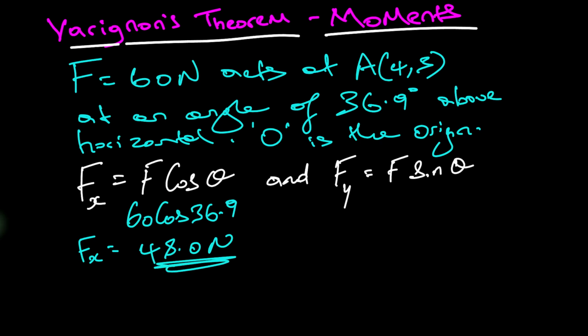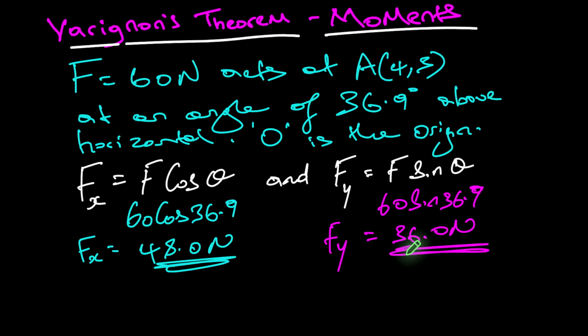And if we do the same thing for the vertical component, then the force remains the same. So our vertical component will just simply be 60 sin 36.9, and we get this vertical component of 36 newtons. So that right there represents our force components horizontally and vertically.